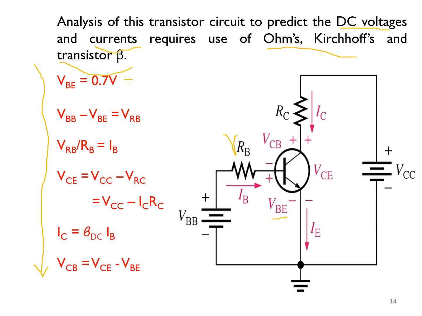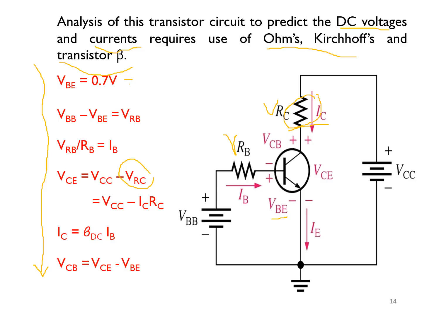VCE equals VCC minus VRC, where VRC is the voltage across resistor RC. And VCE is equal to VCC minus IC RC.